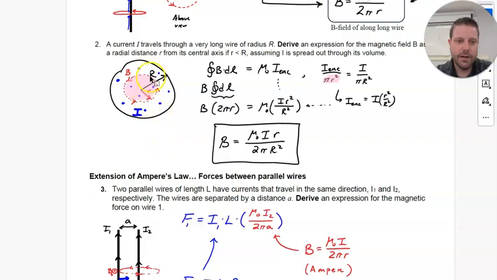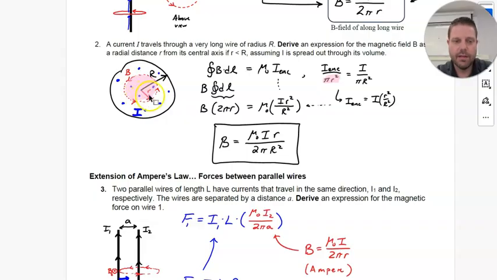If we look at this wire, what's the magnetic field inside the wire, where we have little r smaller than the radius of the cylinder? Again the B field is going to be uniformly spread out along this whole loop as a constant, and the whole loop is 2 pi r. But this pink shaded area is the area through which the current is passing that creates that looping B field.